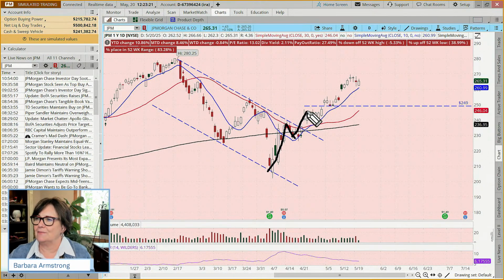And then it came up, and then it came down day. And then do we have a close above the high of the low day here? This would have been our close above the high of the low day.